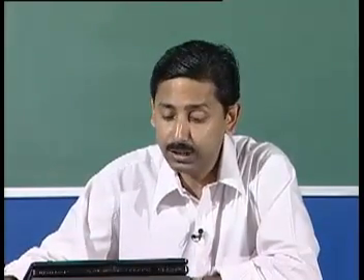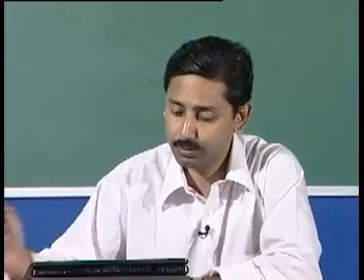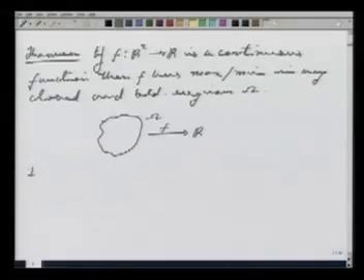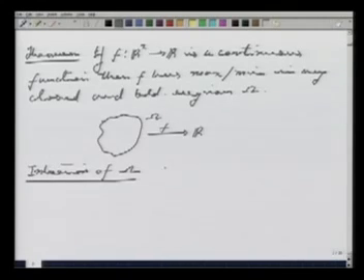Now our aim is to get hold of maximum and minimum if they occur in the interior of omega. So for that I need the definition of interior of omega. What do we mean by interior of omega? It means, suppose x naught y naught is a point in omega.